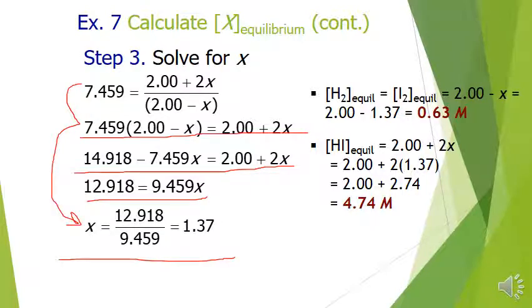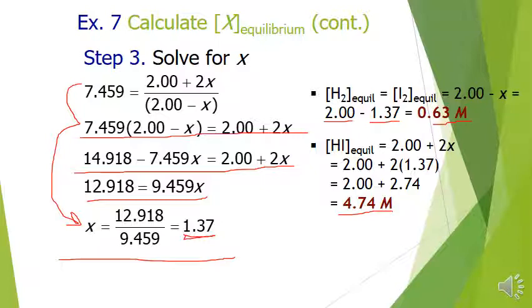All right, then what you need to do is put the 1.37 back in the equation. So the H2 and I2 are both going to decrease by 1.37. They start at 2, so they go down to 0.63. And then the final concentration of the HI is going to be 2 plus 2x, or 4.74. And what you should do is really check your answer.